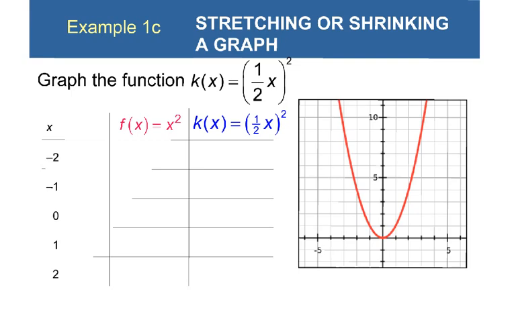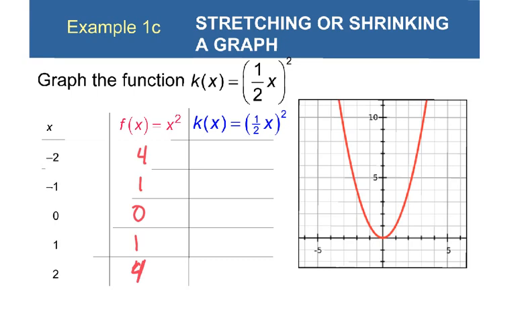So let's look and compare the x and y values by plotting a table here. So we have, again, our function x squared. Those values stay the same. And then, like I said, we're going to multiply the x value by 1/2 first, and then square it.